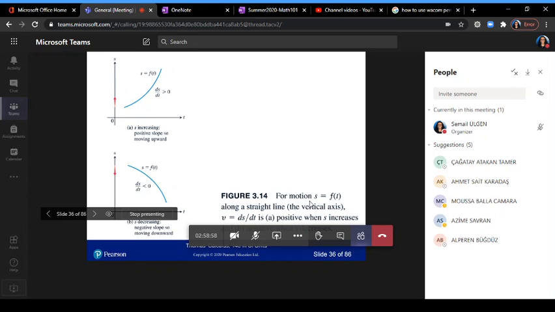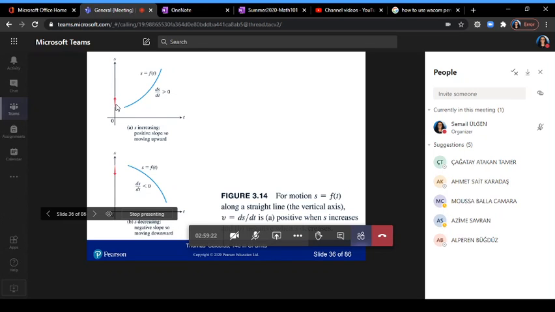So in summary, if you have the motion represented by s equal to f of t along a straight line, you can consider this as a vertical axis, because we say moving up and down. So that's why it's written moving up or down.